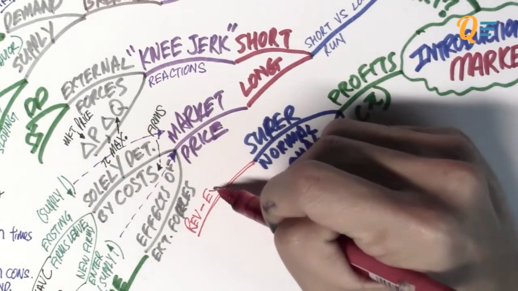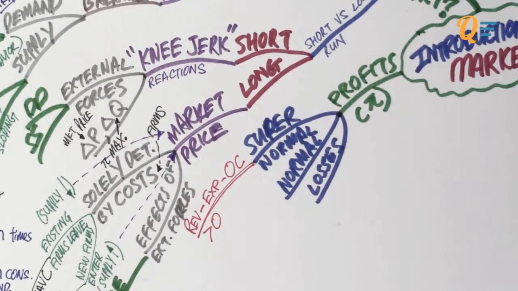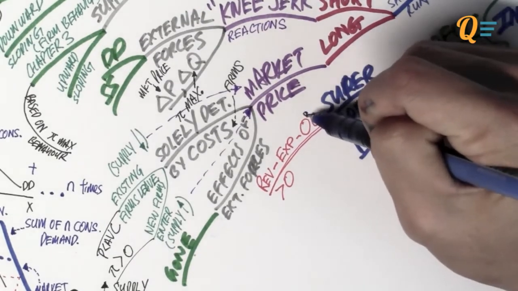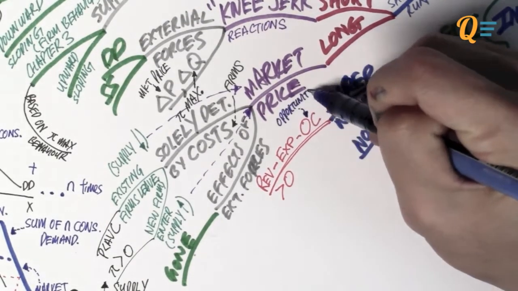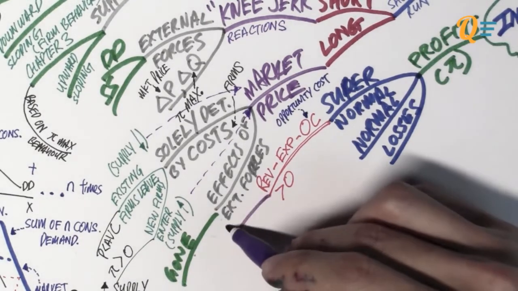So the first type of profit, supernormal profit, is where your revenue minus your expenditure minus your opportunity cost is more than zero. OC over here stands for opportunity cost. You have to account this in because there are certain things that the entrepreneur could have done to earn more money. So he's foregoing that to actually start this venture of his.